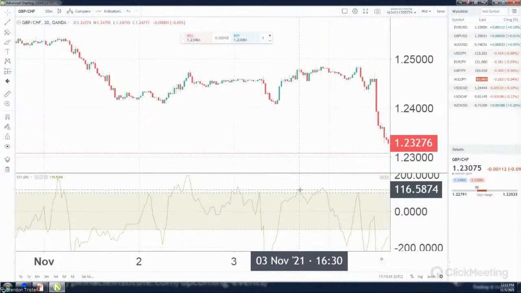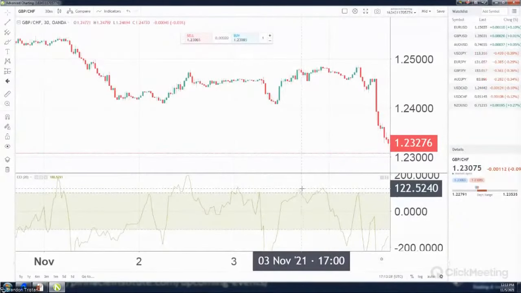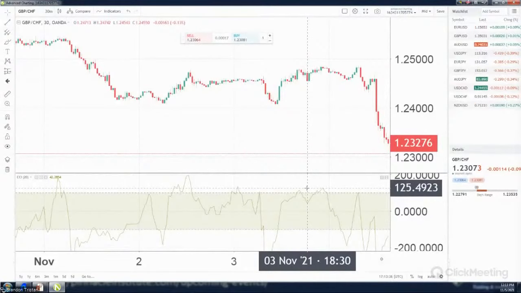Right here I sold it, and I'm not getting a buy. Where's my target? Where am I going to exit? Who's giving me the opportunity to exit? Nothing. So I'm still in the trade.